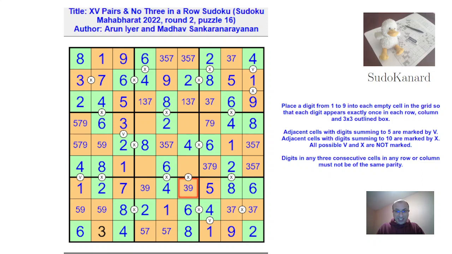But, oh yes, this here. 9 would put a 1 here, which would repeat, so that's a 3. That's a 9. And that's a 7 to complete to 10, so that's 1, that's 5. And this now is a 9.